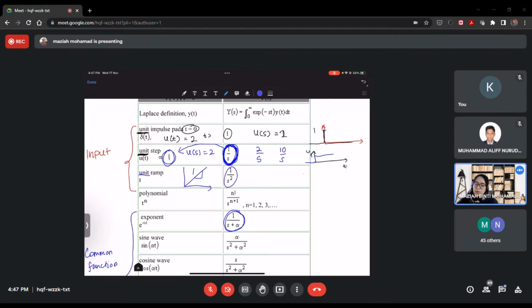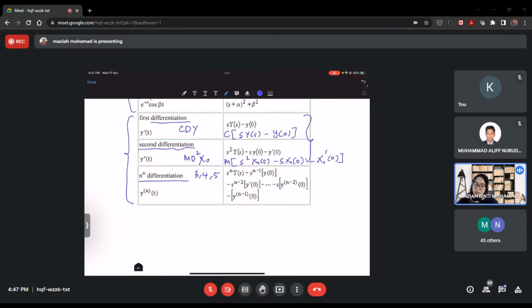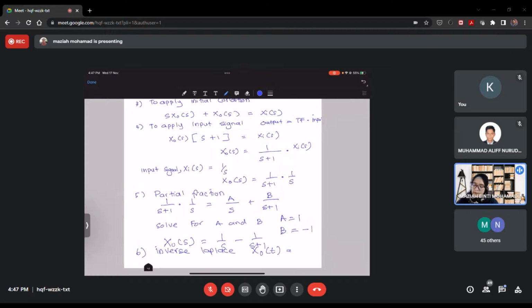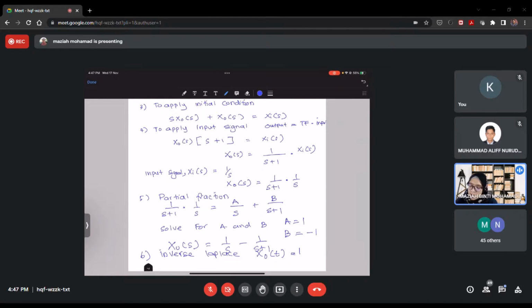And then for the second term, we have 1 over s plus 1. So our alpha here is equal to 1. Therefore the exponent becomes exponent negative t. So our function here will become 1 minus exponent negative t.